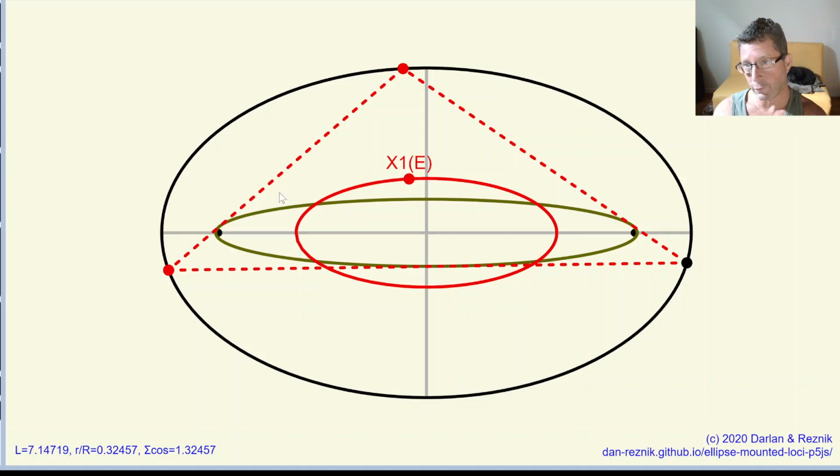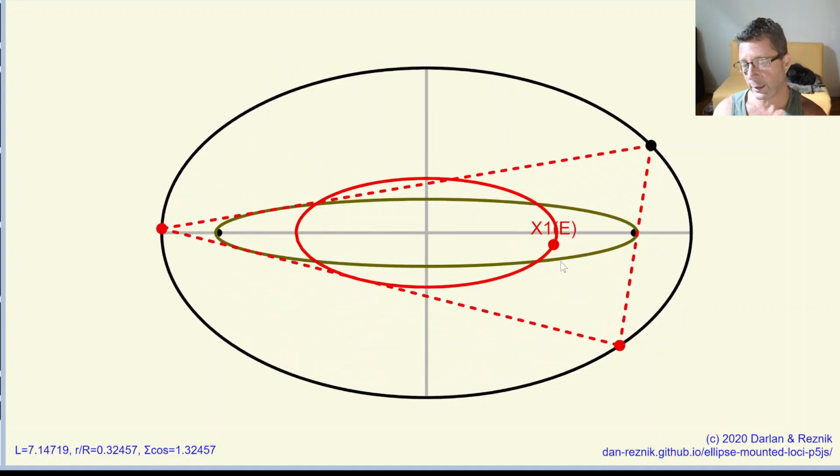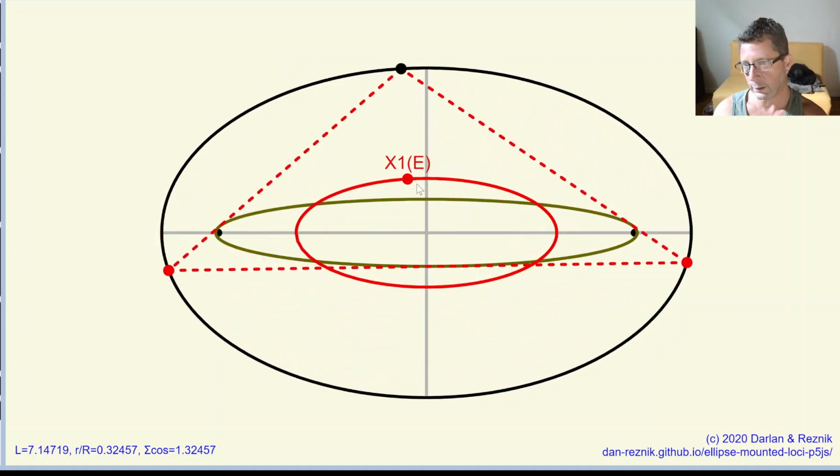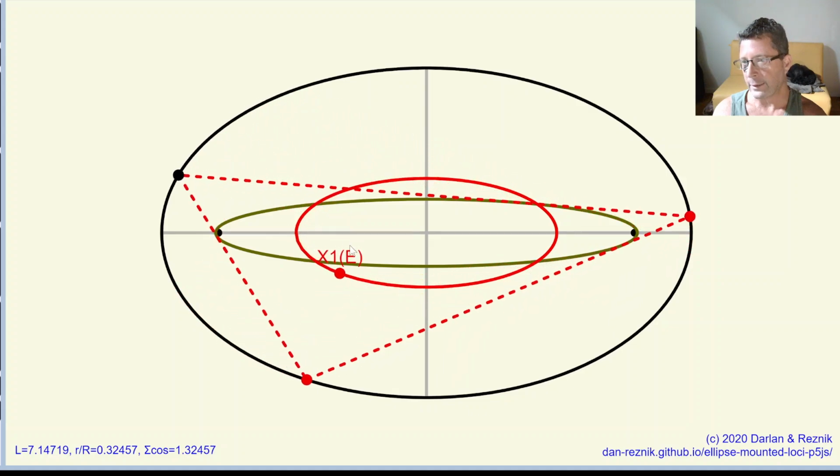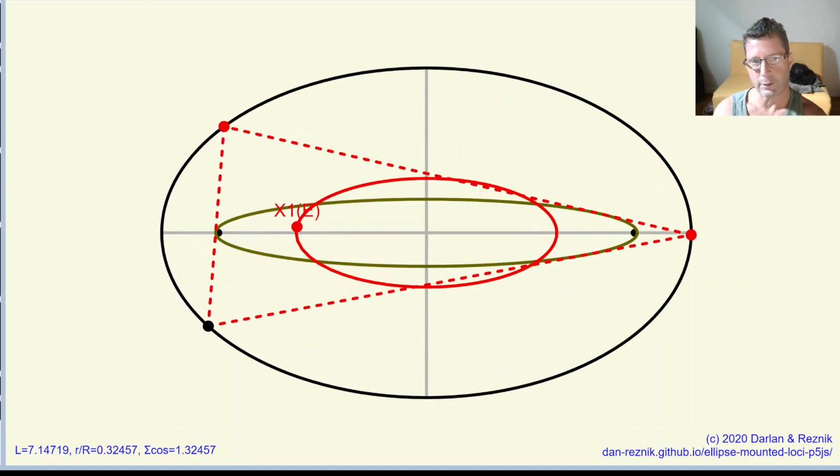So here you have a confocal pair, you have a family of triangles, and we're displaying here X1, the incenter. I could probably show here the incircle as well. Let's see, do I have the incircle in this family? Yes, so here's the incircle.